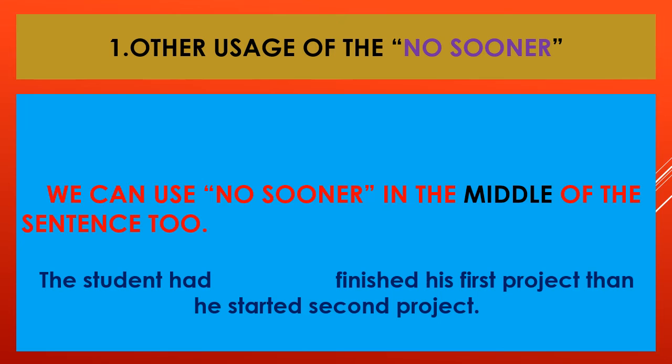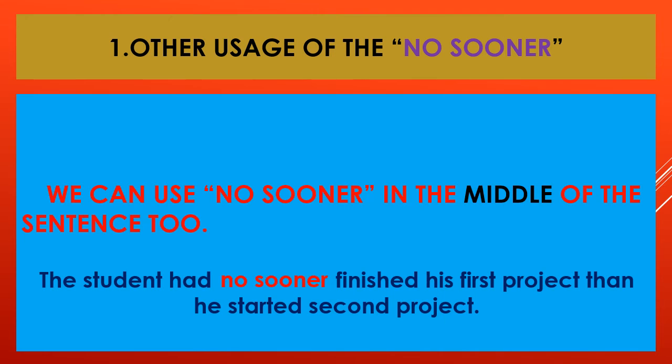Here, we can use no sooner in the middle of the sentence too. See here, this sentence started with the student had. See, no sooner is added between the sentence. The student had no sooner finished his first project than he started second project.